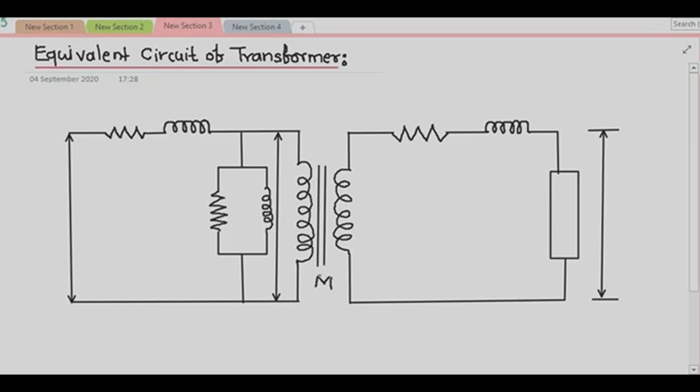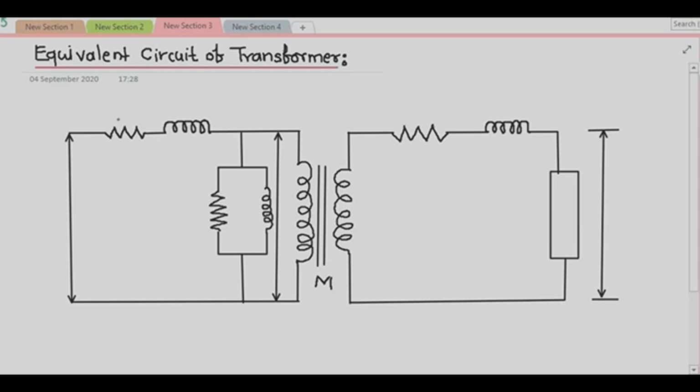A transformer with no losses and no magnetic leakage, and having an iron core of infinite permeability, requiring a very small magnetizing current to set up the flux. Now let us add the different imperfections of the actual transformer one by one.